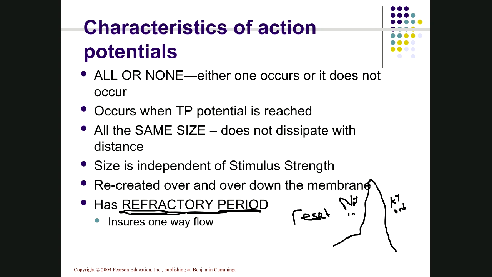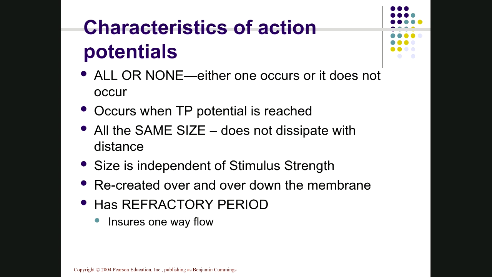That's not the way our membrane's supposed to be. It takes a little bit of time to get the sodium back where it's supposed to be and get the potassium back where it's supposed to be before I can get another action potential. And so there's this period called the refractory period. It's like a reset time.